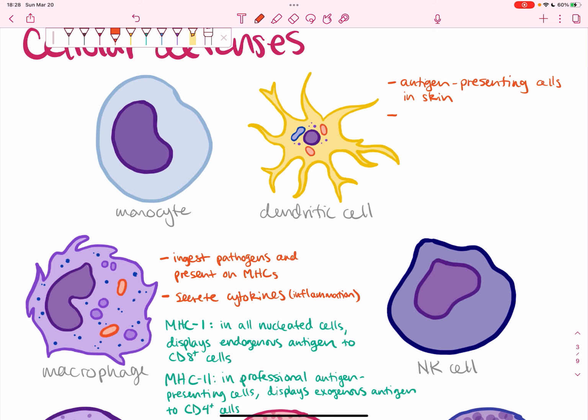Pattern recognition receptors recognize category of invader.